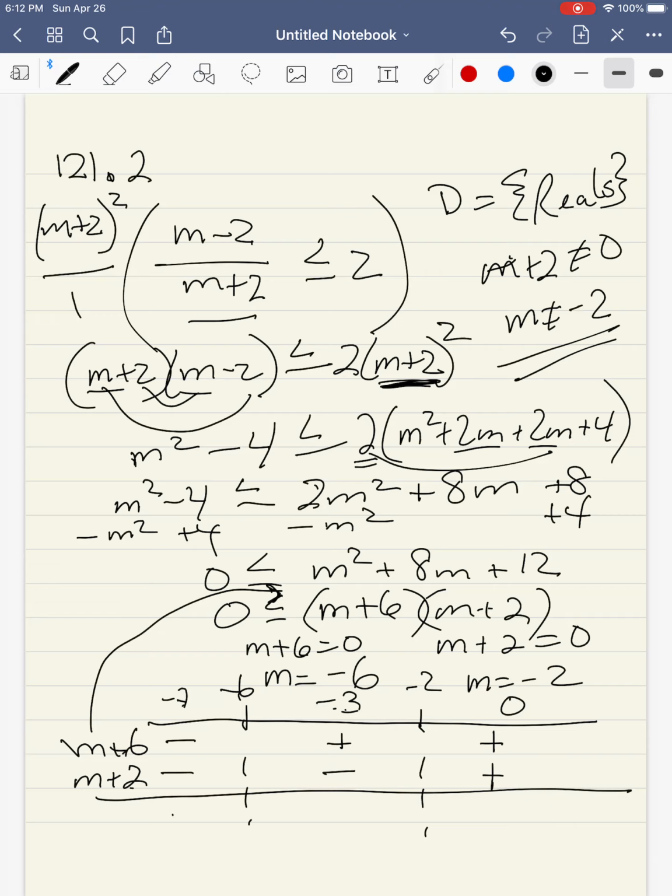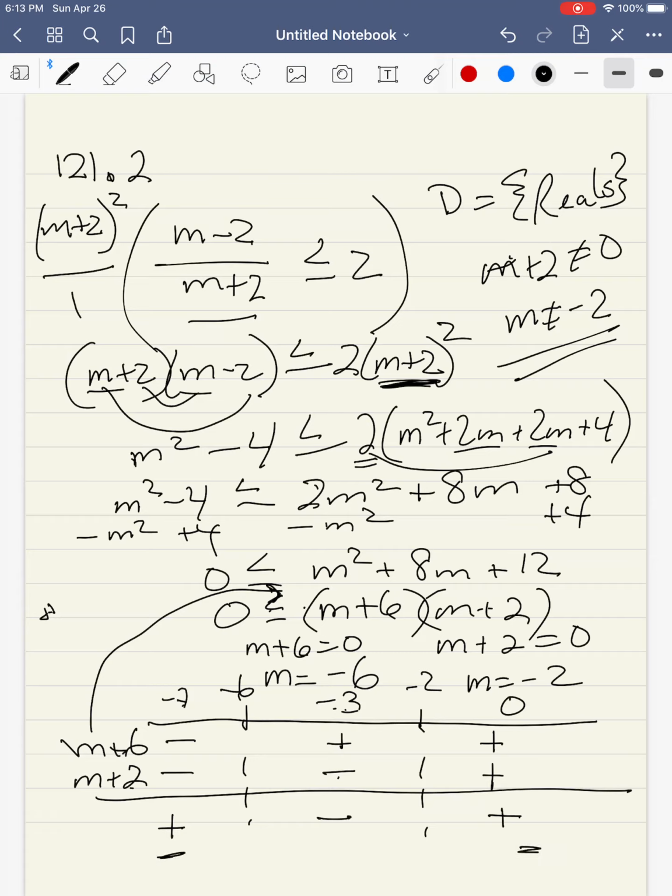So negative times negative, positive times negative, positive times positive. All right, so it says we're supposed to graph this as greater than or equal to 0. So the numbers that are greater than or equal to 0 are going to be positives, right? So the positives would be this region and this region.